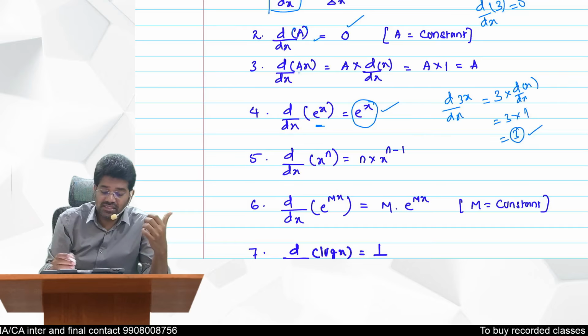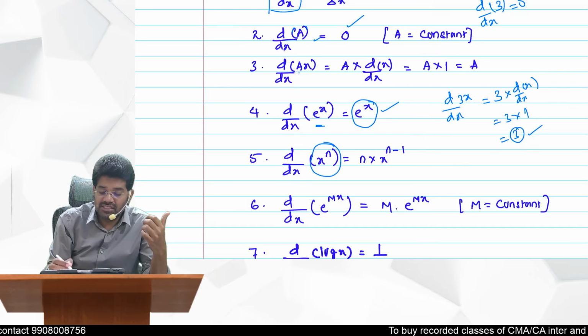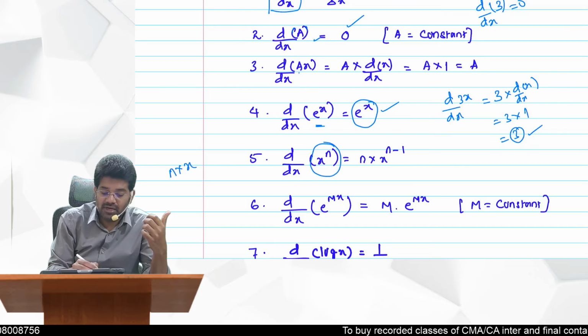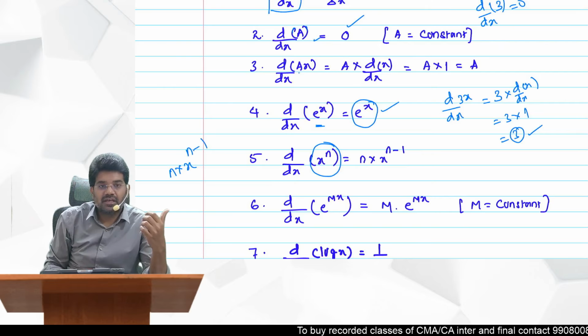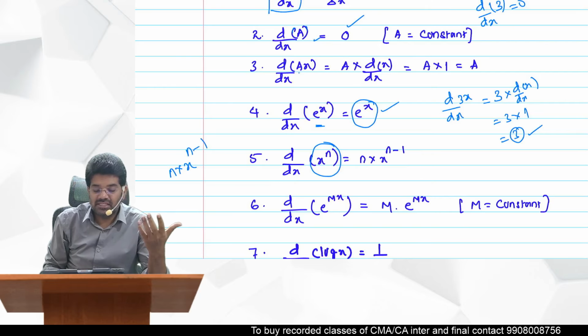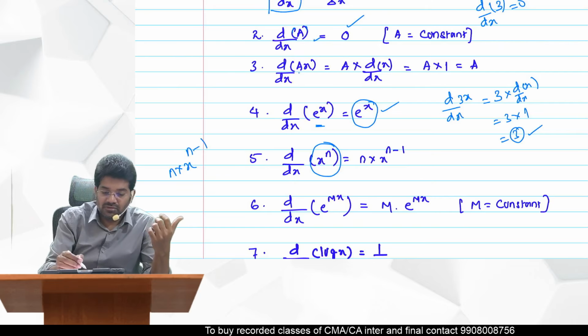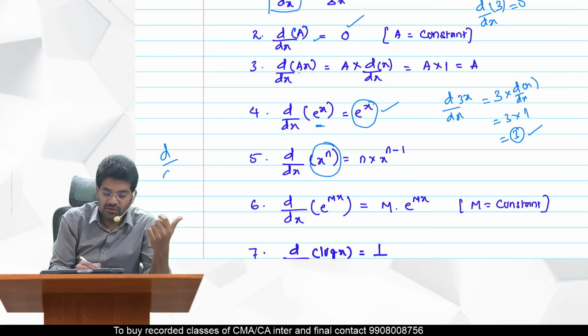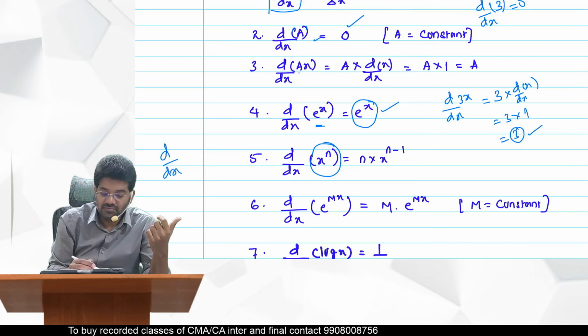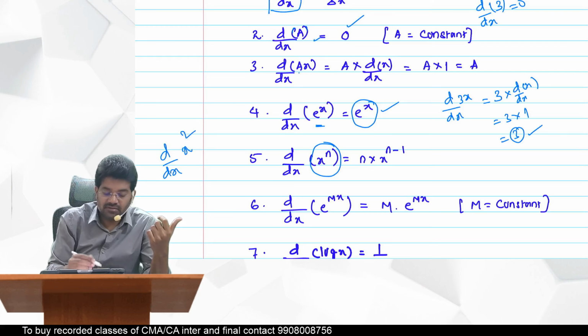Right. Next one is d by dx of x power n. The formula for this is n into x power n minus 1. Now, say you have to do the differentiation of x square.